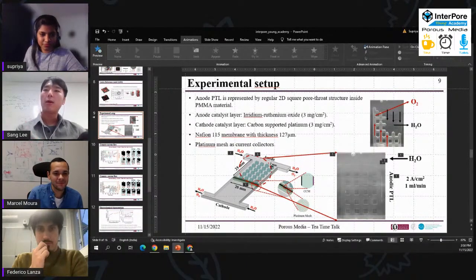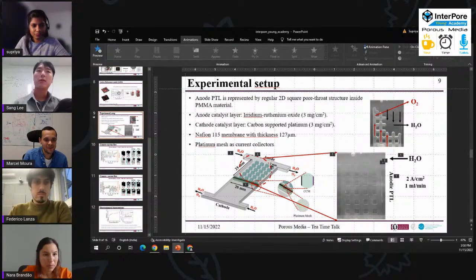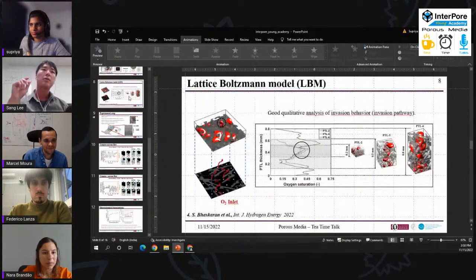I think we may have time for one more question. While the audience online may be thinking of a question, I also have one. When you showed your Lattice Boltzmann model simulation data with different thickness of the transport layer, you showed depth versus oxygen saturation percentage.